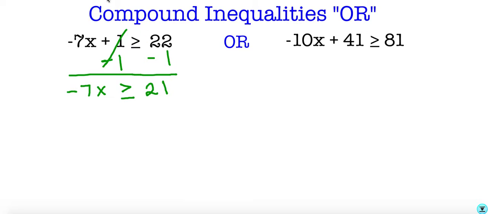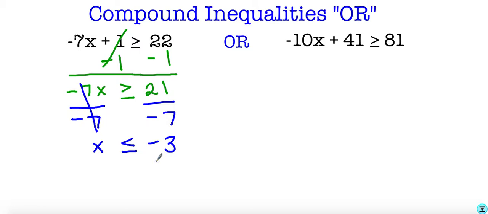And we could divide both sides by -7 to get the x by itself. And remember that when we multiply or divide by a negative, our inequality sign flips. And 21 divided by -7 is -3. So x is less than or equal to -3. And let's do the same thing on this side. Subtract 41 on both sides.